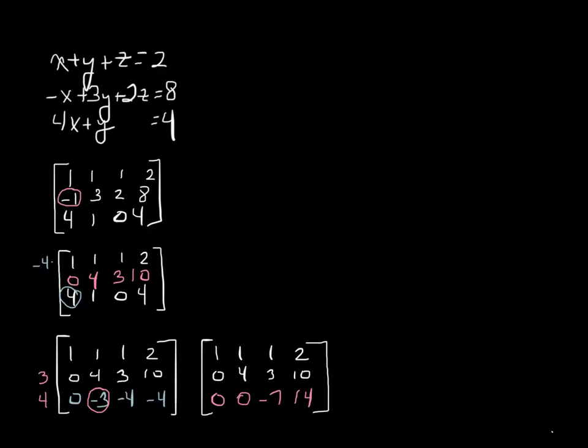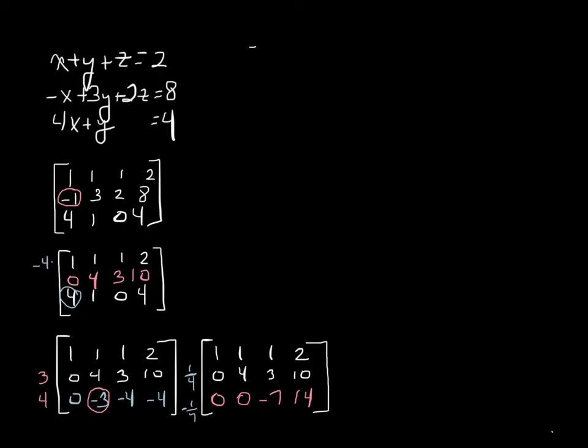So now we almost have row echelon form. We've got our triangle of zeros, but we need leading ones. So what we're going to do is multiply this row by 1/4 and the bottom row by -1/7, and that will give us our leading ones.